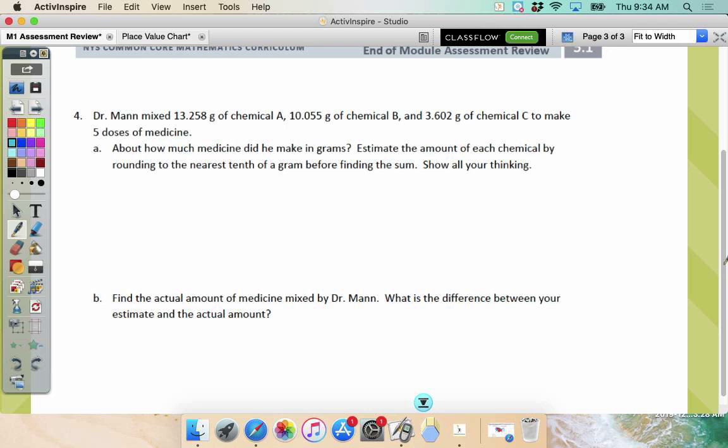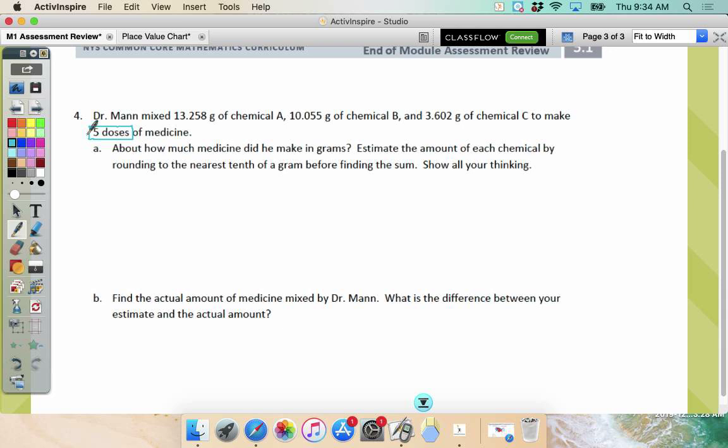Now, this is very important. I want you to take your pencil and put a box around 5 doses. That first sentence, you're going to need later, on the third one on the page.